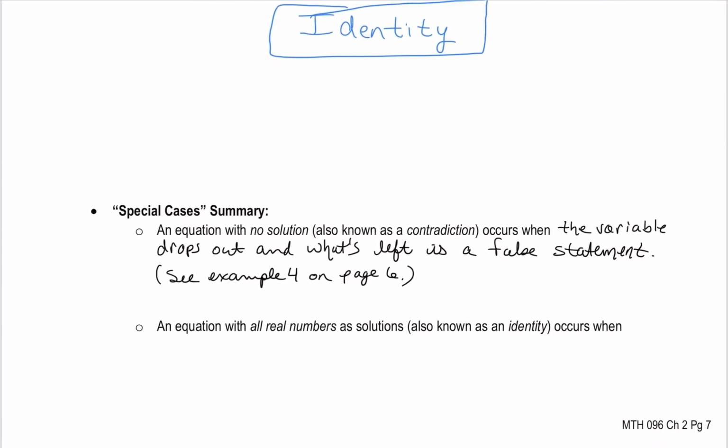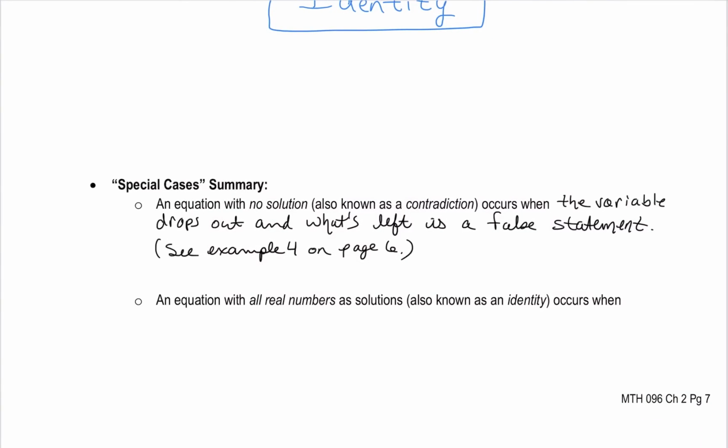Now, to contrast that, there's kind of two ways you can look at this. So you could look at it in the same way. You could say, all right, what does this have in common? So once again, for this all real numbers or the identity solution, yeah, once again, we lose our variable. The variable term drops out. But this time, to make that distinction, we would say that what's left is a true statement.